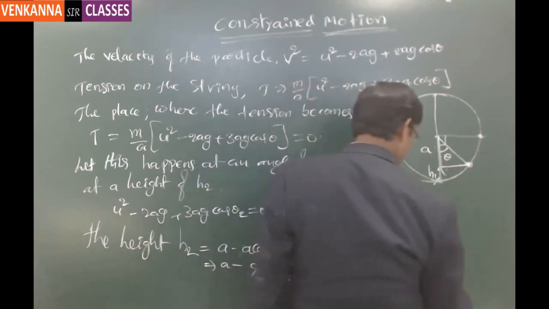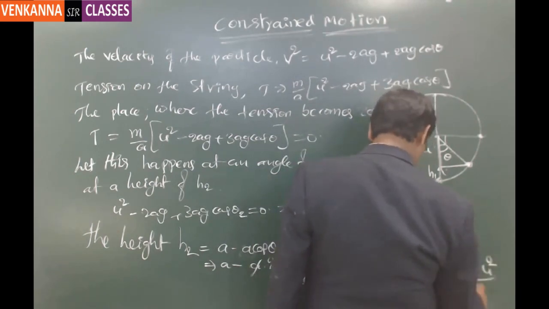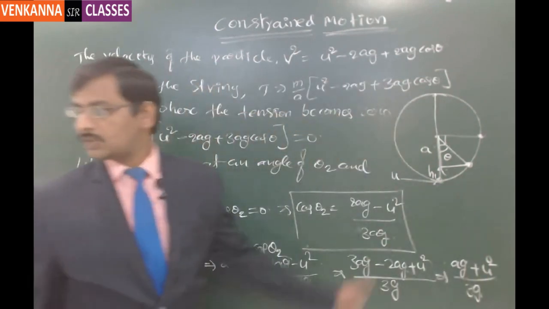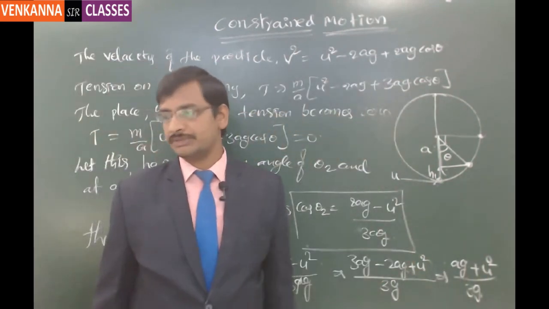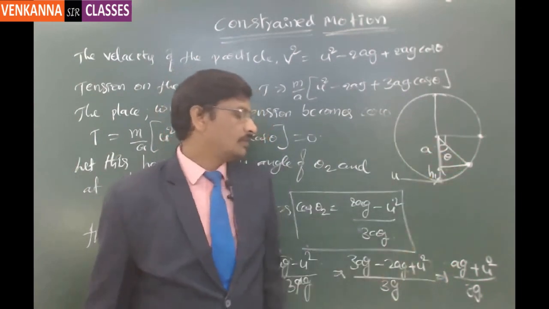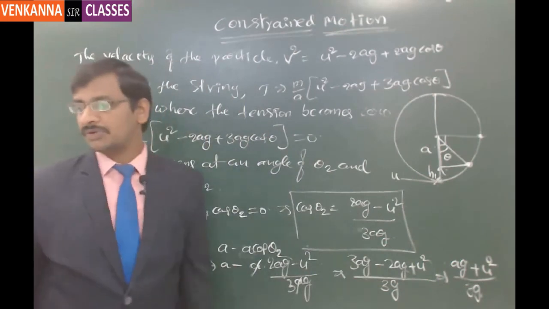So this is ag plus u square by 3g. So this is the height actually at which the particle is having 0 tension. Got it? This string is having 0 tension at a height of ag plus u square divided by 3g. Got it? Any questions on this?